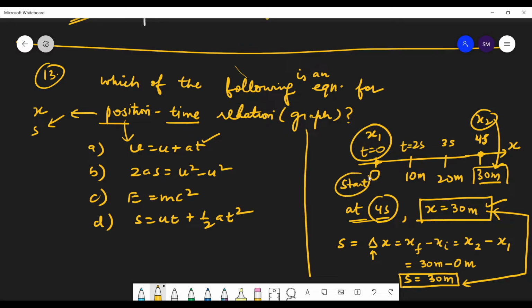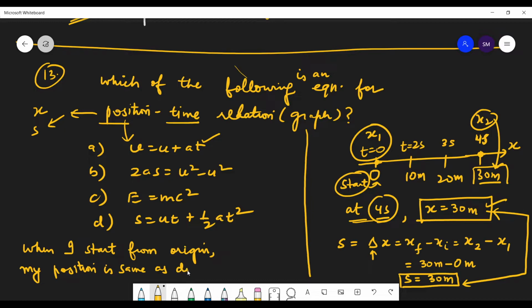Always remember this: when I start from origin, my position is the same as displacement.